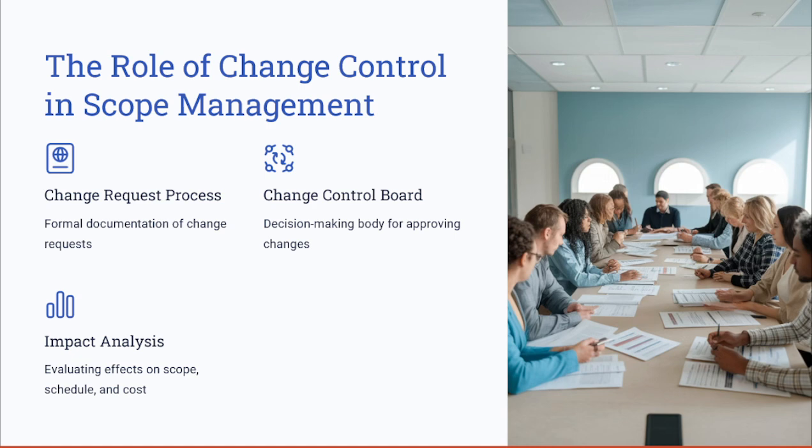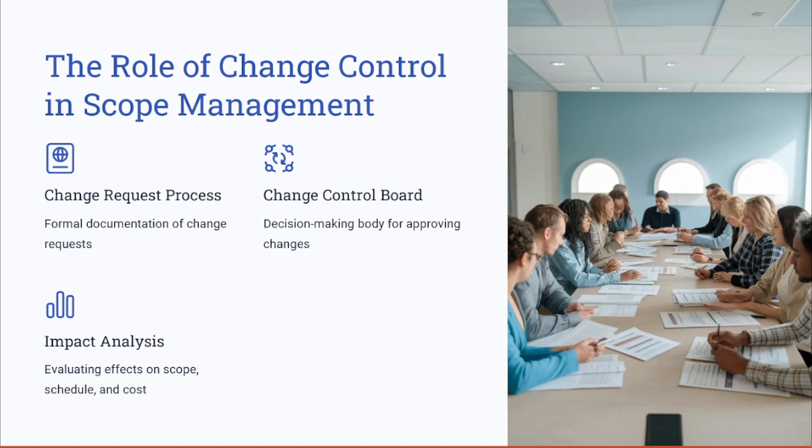Finally, a key component of having a change control is the impact analysis, when evaluating the effects of the changes on scope, schedule, and cost. Again, depending on the organization that you work for, you include the impact analysis as part of the change control or the change request documentation.